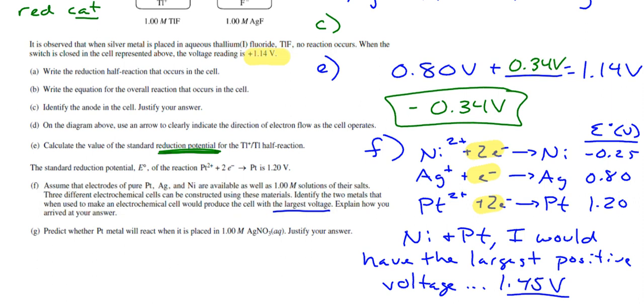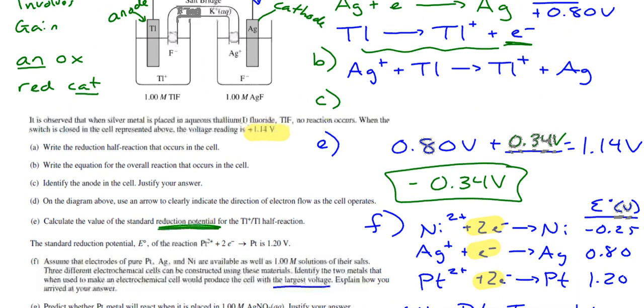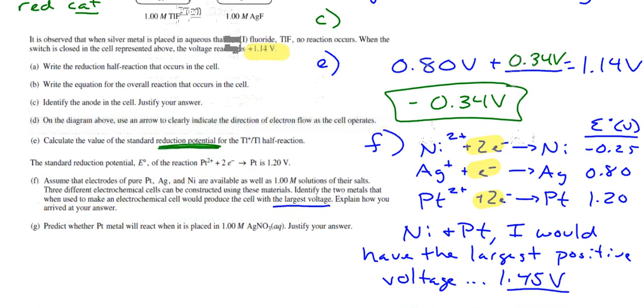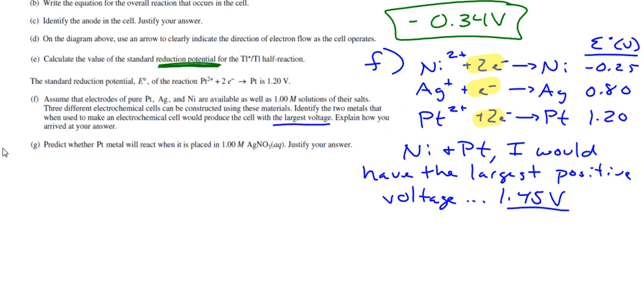Final one. G. Predict whether PT metal will react when it is placed in the silver nitrate. So, you have to let me talk about what they're saying, because you got to understand what the heck they're trying to say.